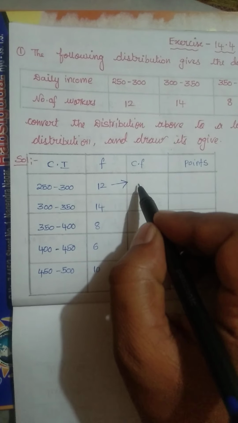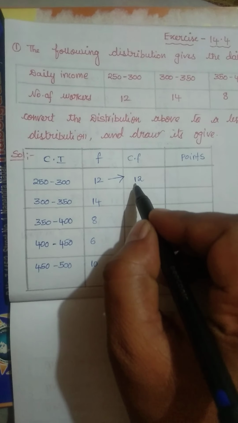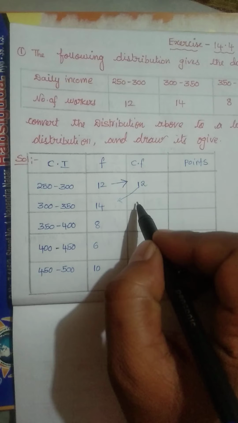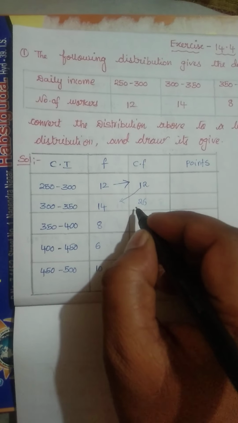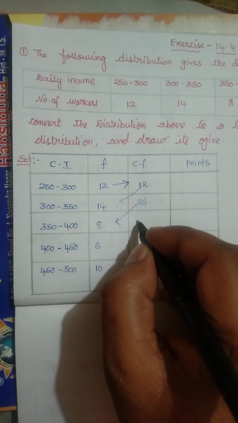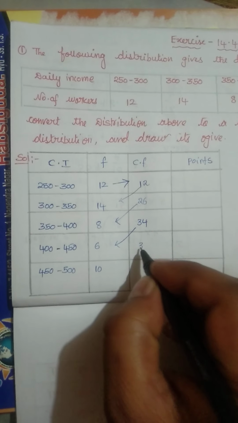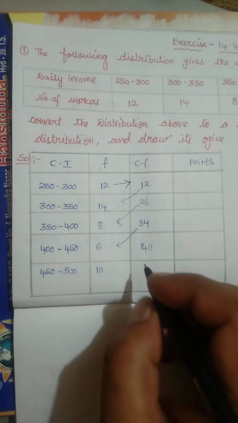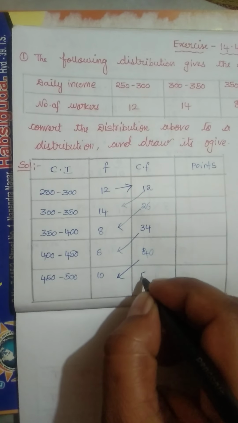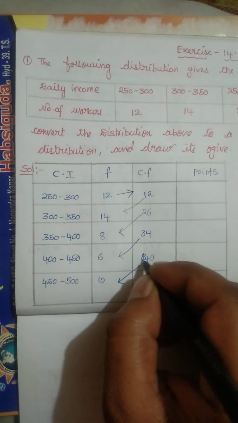So as we have here 12 plus 14 is 26, 26 plus 8 is 34, 34 plus 6 is 40, and 40 plus 10, that is 50, right?